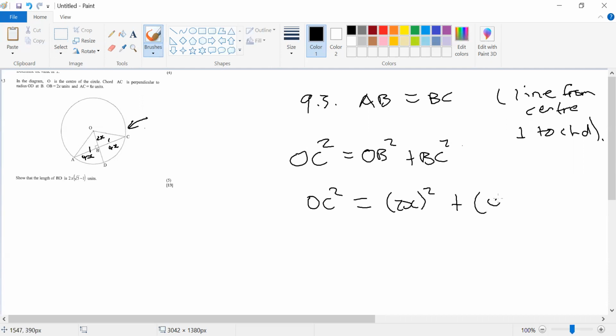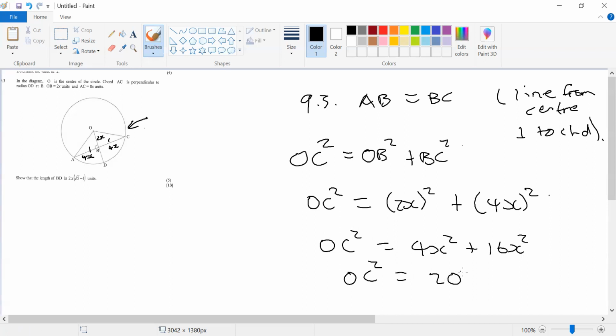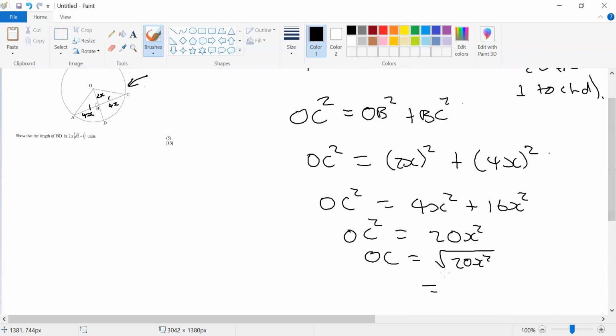BC is given to me as 4x. So OC squared is equal to 4x squared plus 16x squared. And OC squared is equal to 20x squared. And if I wanted to find OC, it's equal to the square root of 20x squared, which is equal to 2 root 5 x.